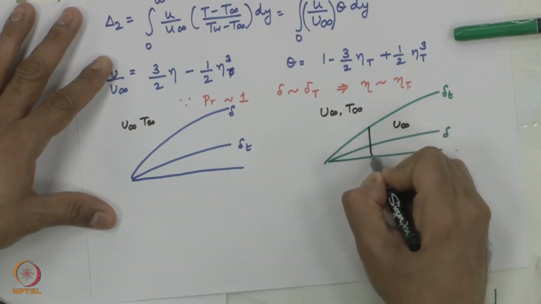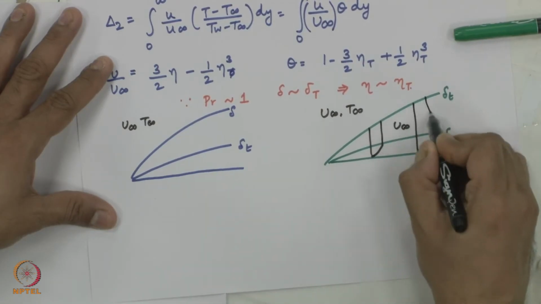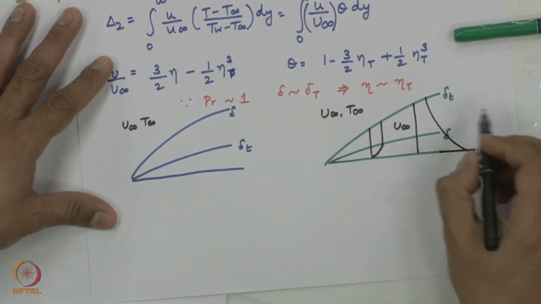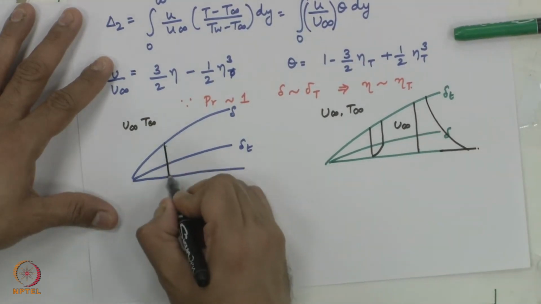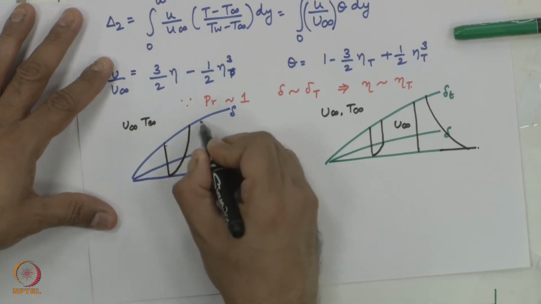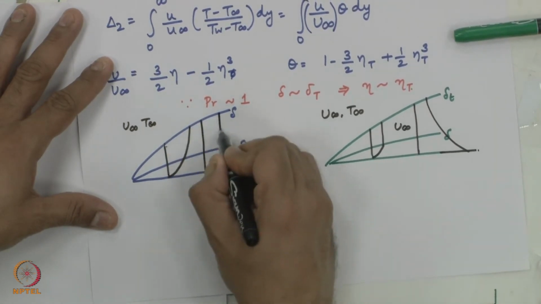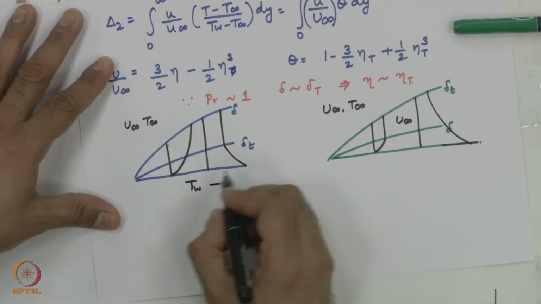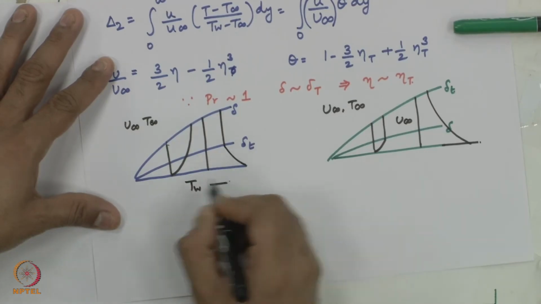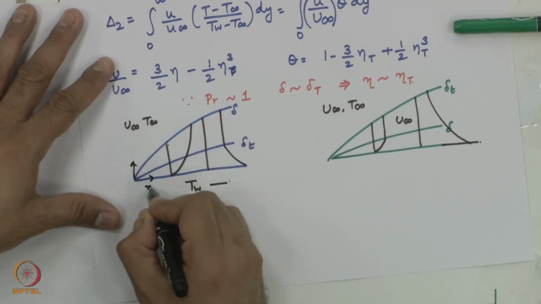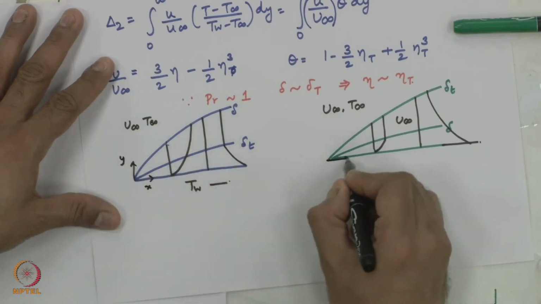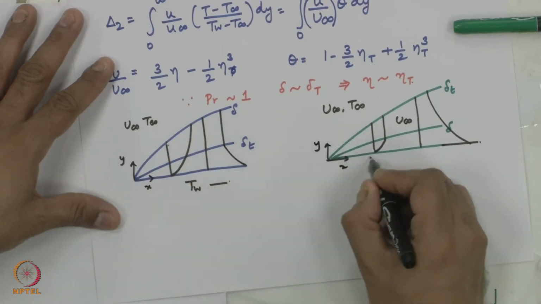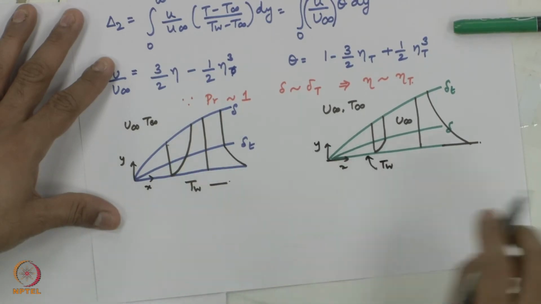So, if I look at this expression, this is u infinity, T infinity would do this. Here I would have this one, and the energy equation has to be solved only in this part. This is T wall here, x and y, this is T wall.